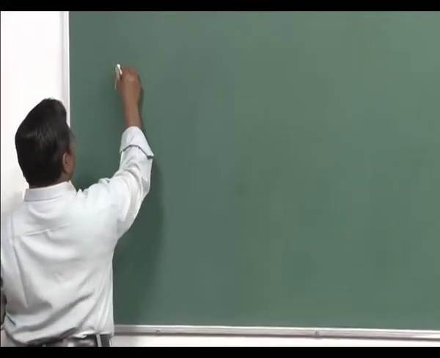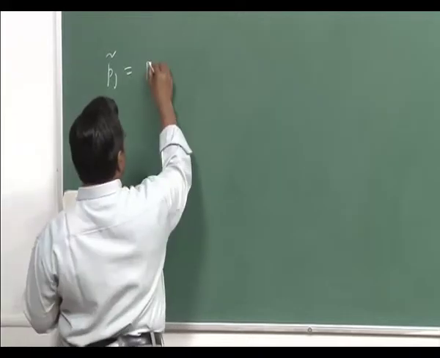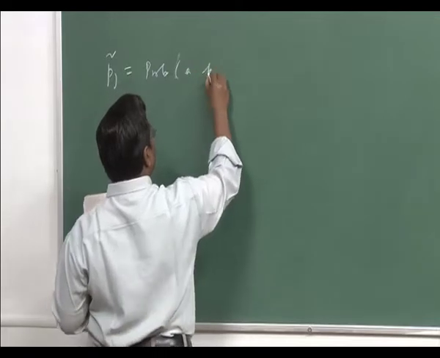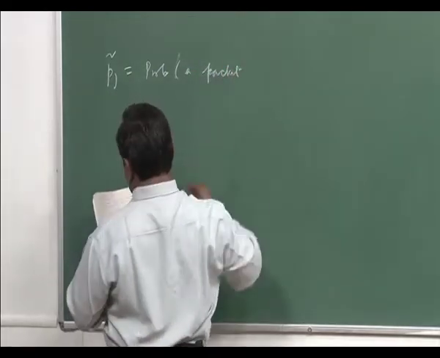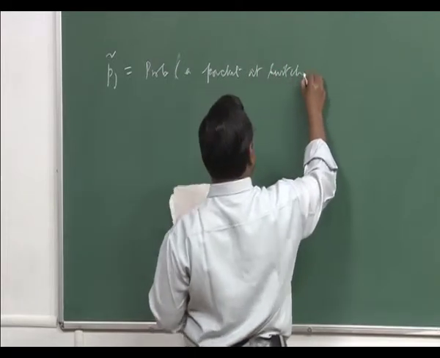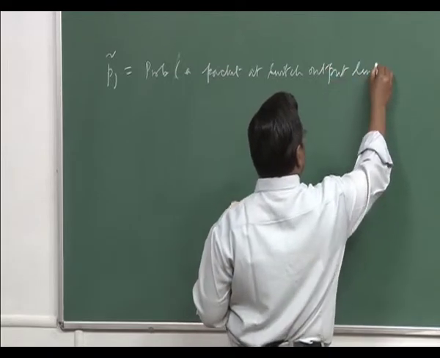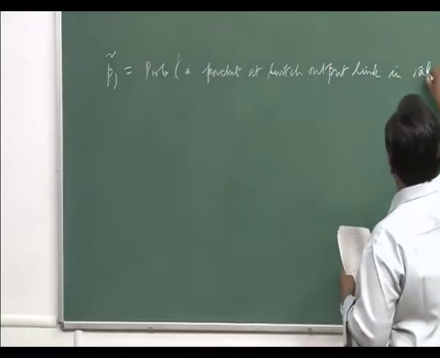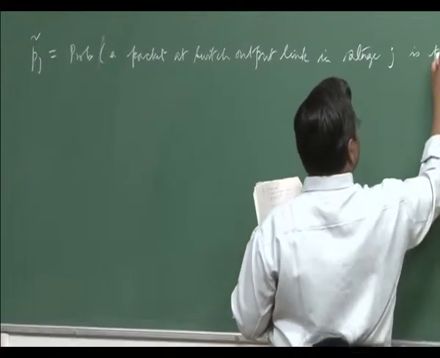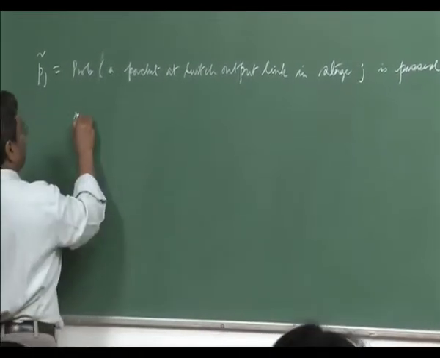So this was Pj tilde. This is the probability that a packet at switch output link in stage j passes forward in the time interval.